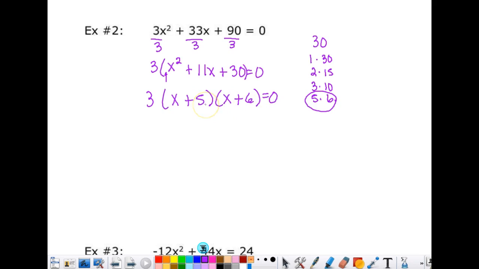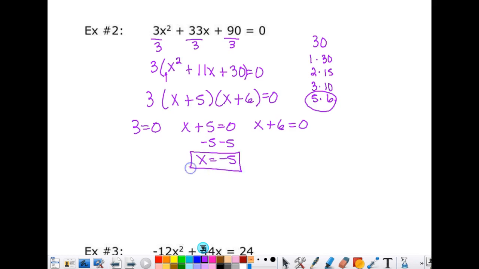Just take a minute to check it. Make sure you didn't sneak in a 2 or something crazy here. 5 times 6 is 30, and 5 plus 6 is 11. So you say 3 equals 0, x plus 5 equals 0, x plus 6 equals 0. So x equals negative 5. What is x going to be here? Negative 6.